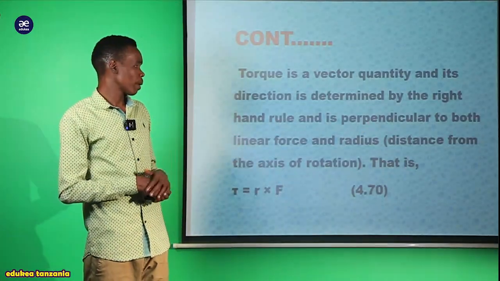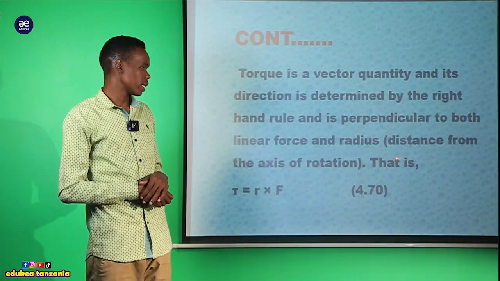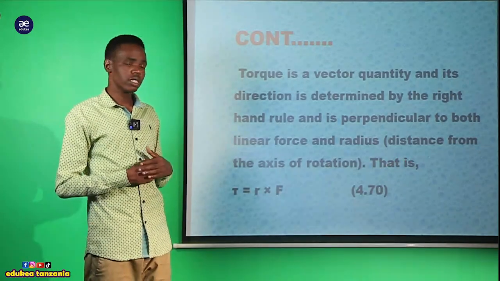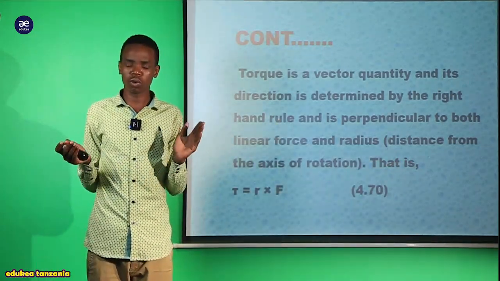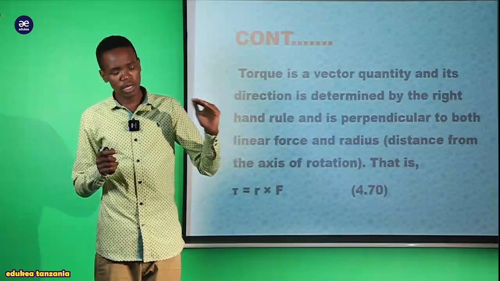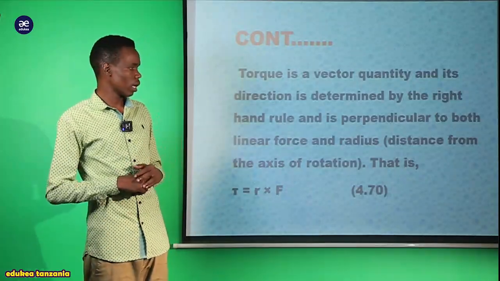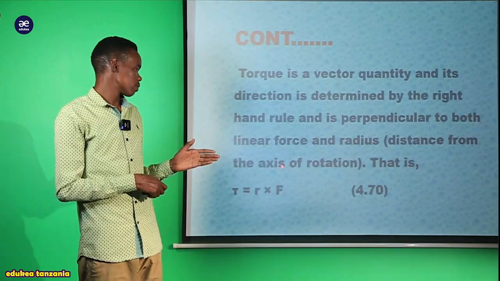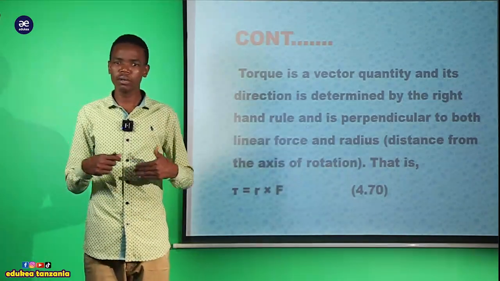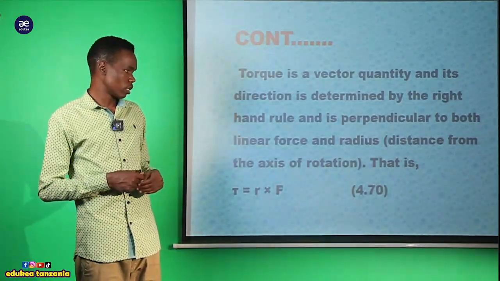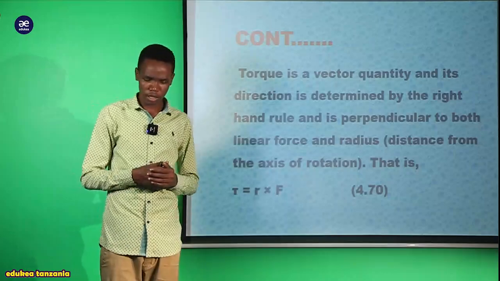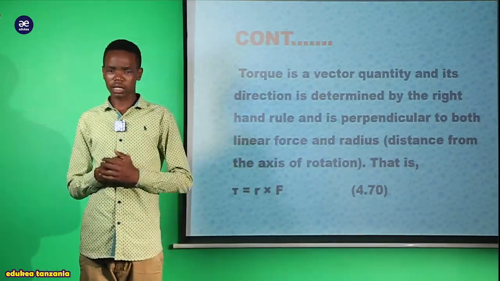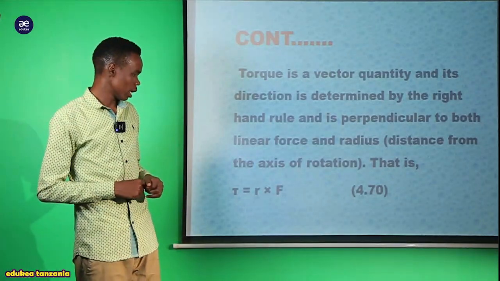It is also perpendicular to both the linear force and the radius. This torque is always perpendicular. It acts perpendicular to the force and also the distance, or sometimes we say the distance from the axis of rotation. This is how we explain the torque.